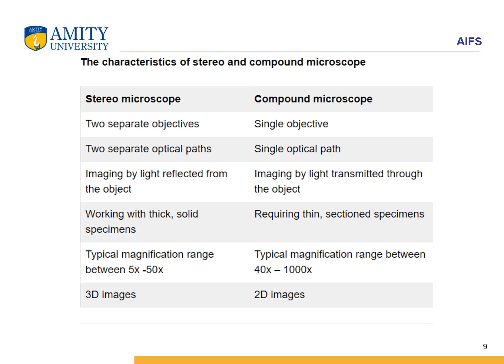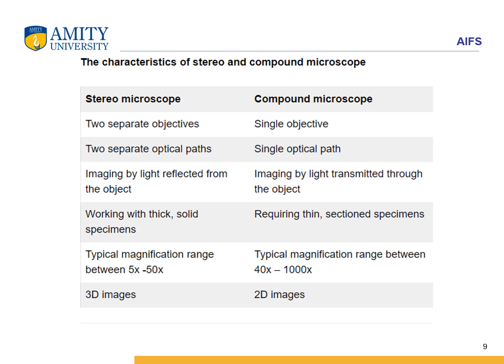In the stereo microscope, imaging is by light reflected from the object, whereas in the compound microscope it is by light transmitted through the object. Working with thick solid specimens is possible with stereo, but not with compound, because you require a thin sectioned specimen.